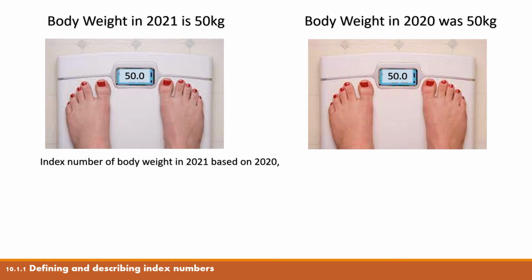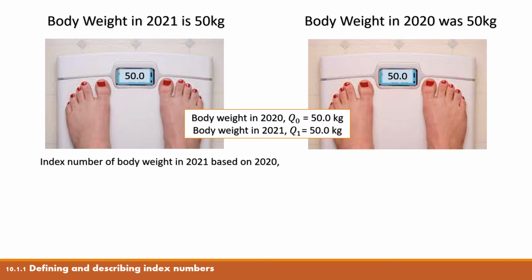When we look for the index number of the body weight in year 2021 based on 2020, we take the weight in 2020 as Q0 and the weight in 2021 as Q1. By applying the formula I equals Q1 over Q0 multiplied by 100, I have 50 over 50 multiplied by 100, which gives the answer 100.